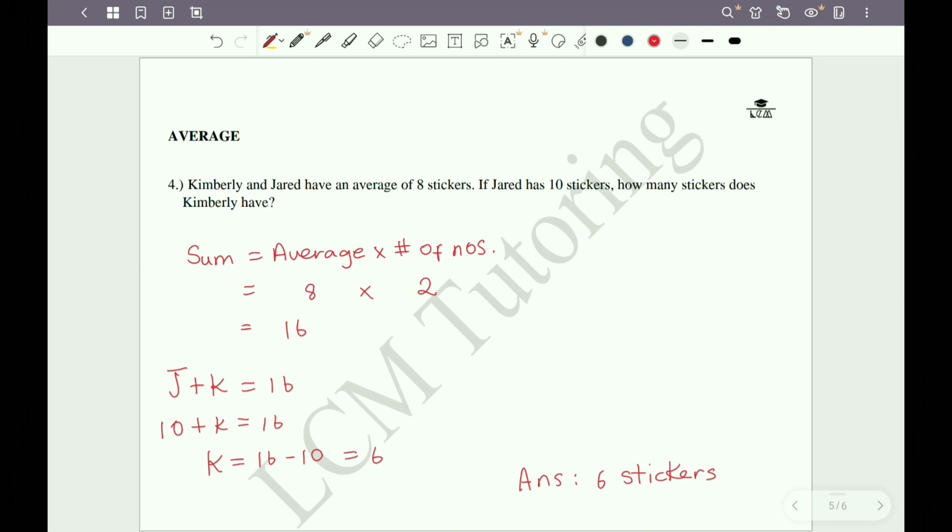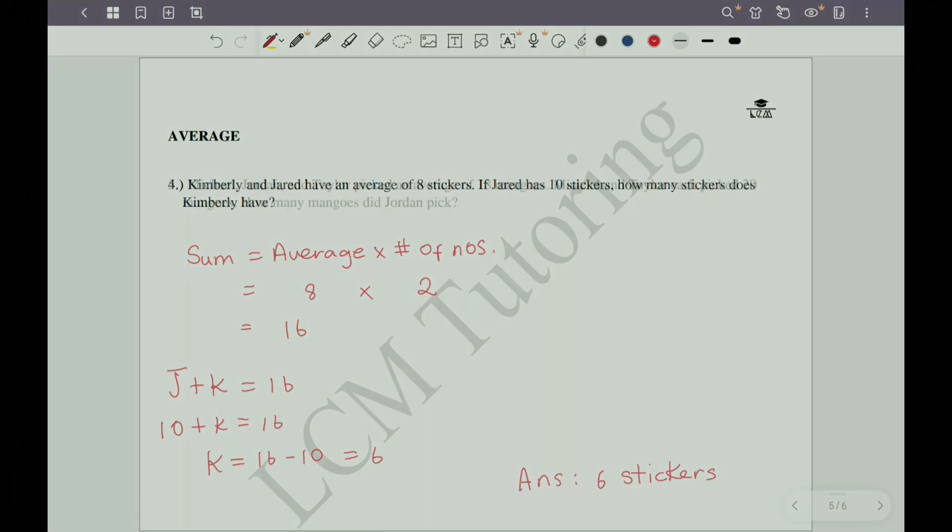Jared was 10. So we just took away 10 from 16. And we got Kimberly's number, which is 6 stickers. So this is what average can be used for. And this is just a very simple example with 2 people. It gets a lot more interesting when we look at more people. So let's look at an example with 3 people for question 5, and then it gets a lot more interesting in part 2 of the average series.